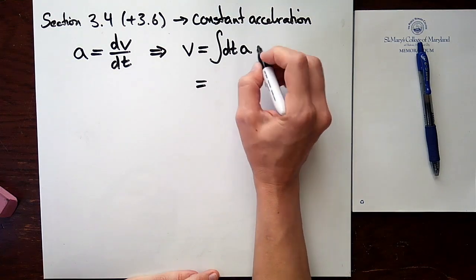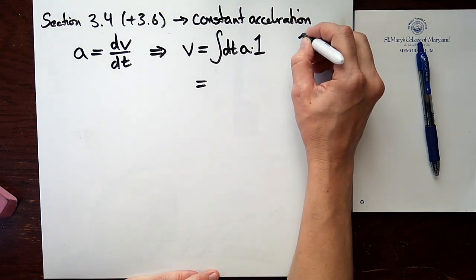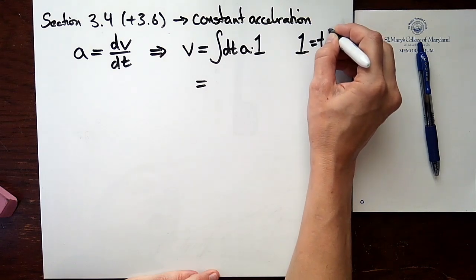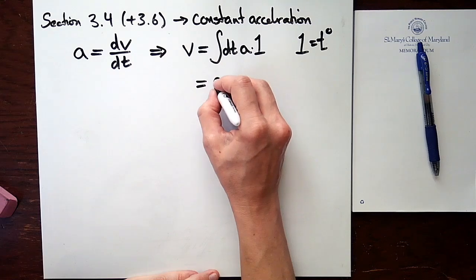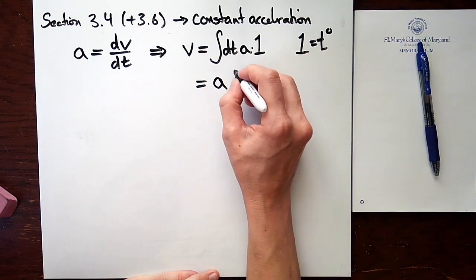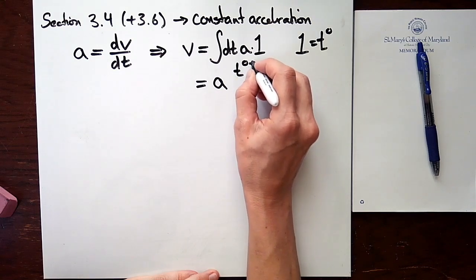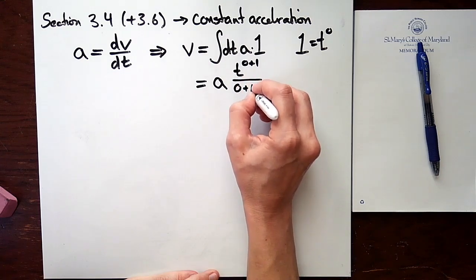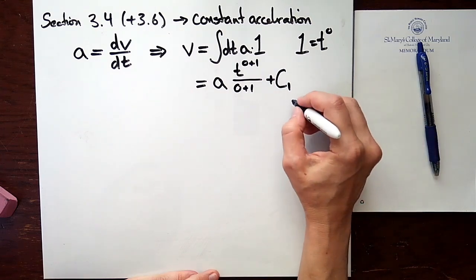And remember, this is the same as multiplying by 1, and anything to the 0th power is equal to 1, including t to the 0. And so here we can have acceleration, which is a constant, by definition of what we're looking at here. T to the add 1 to the power, because we're doing an integral, divide by that new power, and then add an unknown constant, which we'll call C1.